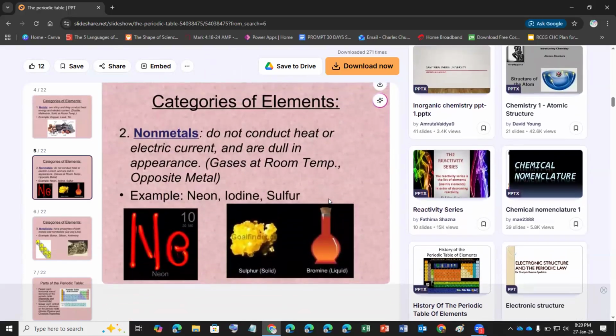All right, so physical properties for non-metals. As far as we know, non-metals cannot conduct heat nor electric current, which makes them very good for applications that need insulators.